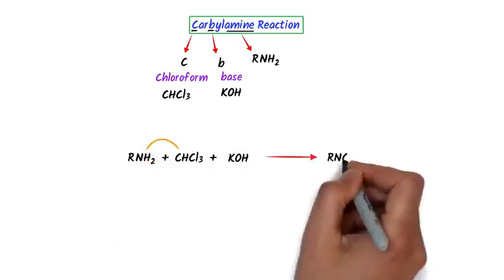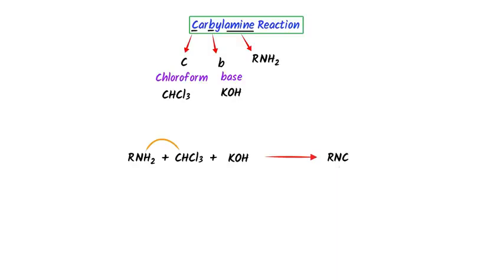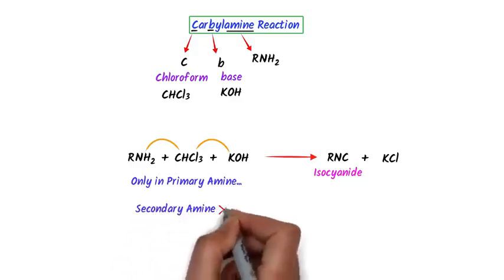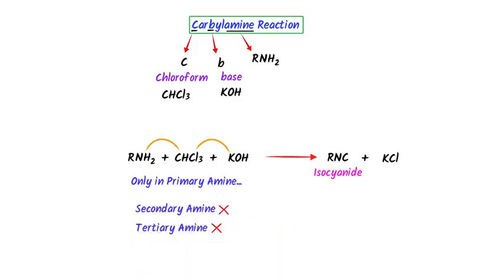I get RNC. We call this compound isocyanide. Also, this K will attack on chlorine to form potassium chloride. Remember that this reaction is only possible in case of primary amine or 1 degree amine like CH3CH2NH2. It is not possible in secondary and tertiary amine.